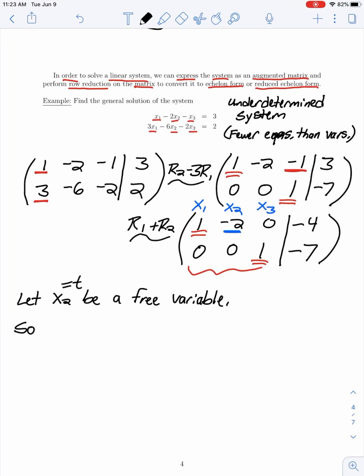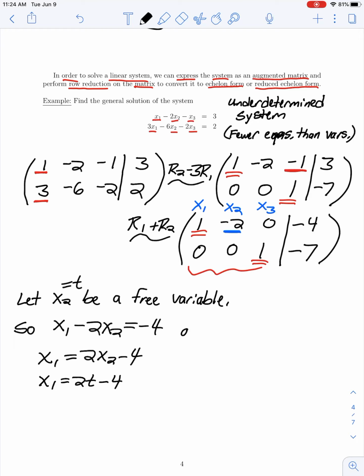Looking at the first row of my augmented matrix, if I write this out as an equation, it says 1x1 minus 2 times x2 plus 0x3 has to equal -4. So solving for x1, I have x1 is 2 times x2 minus 4, or if I prefer, 2t minus 4.